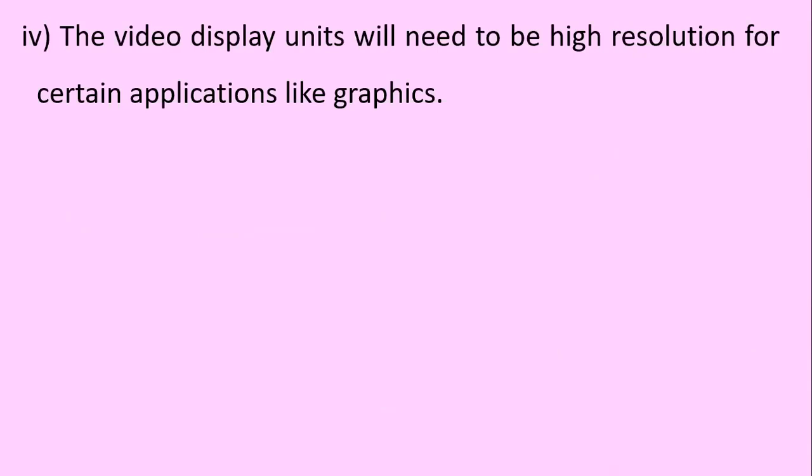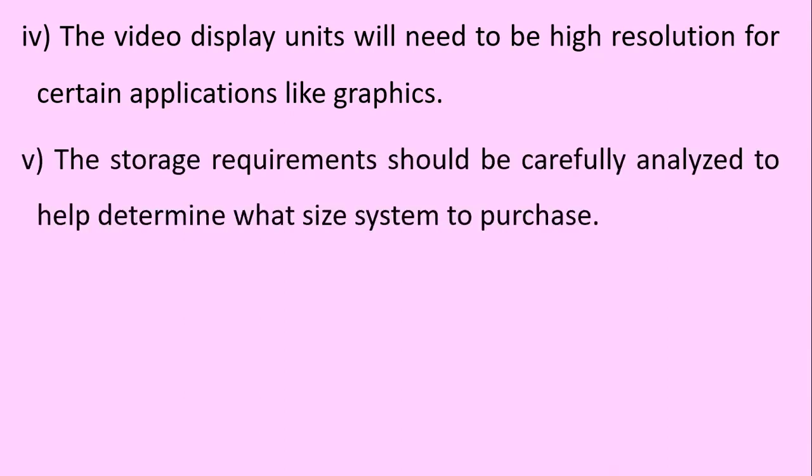Number 4, the video display units will need to be of high resolution for certain applications such as graphics. Number 5, the storage requirements should be carefully analyzed in order to determine what size of system to purchase.